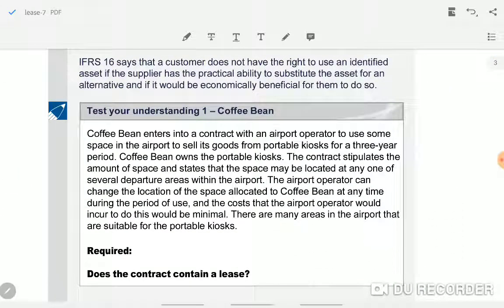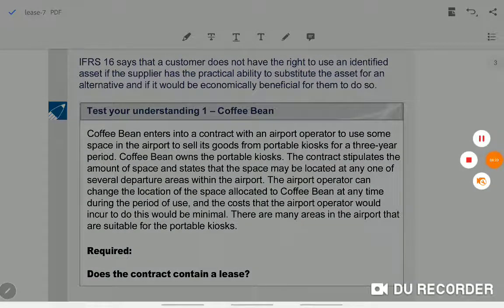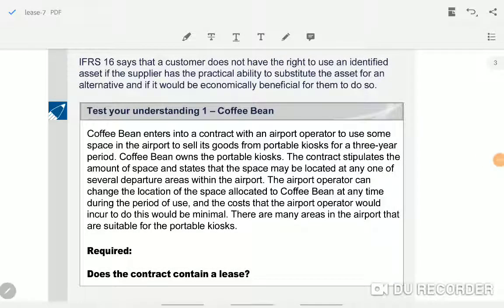First one, test your understanding. 1. Coffee Bean. Coffee Bean enters into a contract with an airport operator to use some space in the airport to sell its goods from a portable kiosk for a 3-year period. Coffee Bean owns a portable kiosk. The contract stipulates the amount of space and states that the space may be located at any one of several departure areas within the airport.